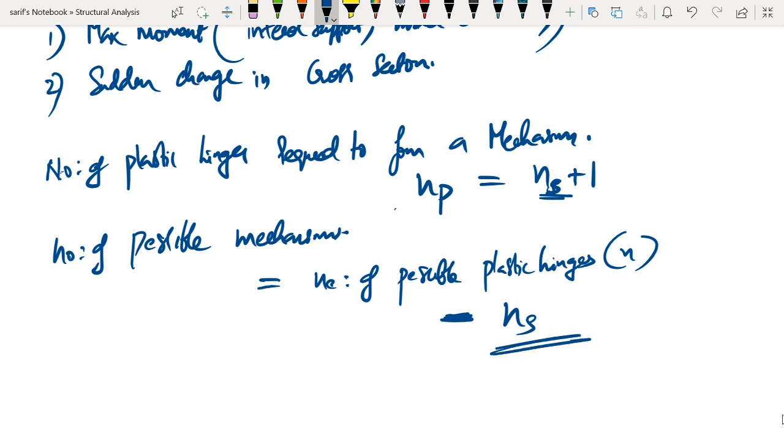Okay, so two things are there. First one is number of possible plastic hinges, that is n. Second one is number of plastic hinges required to form a mechanism, that is ns plus 1. And third one is the number of possible mechanisms, that is number of possible plastic hinges minus ns. So these are the three things that we need to keep in mind.